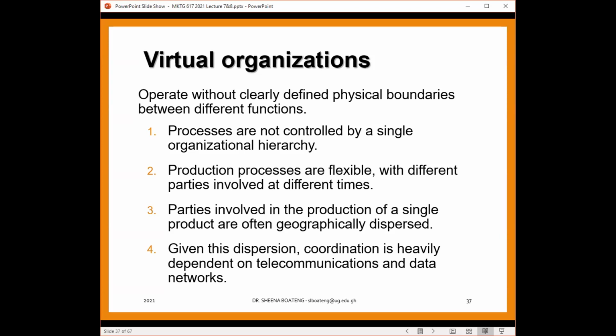So if you're in a context like Ghana, where we do not have that much of a very reliable telecommunications and data network, especially when it comes to internet technology, you would have to think twice about having a completely virtual organization. At least you may think about concentrating the key aspects of the organizational function in the location that you can be able to physically access and work on.